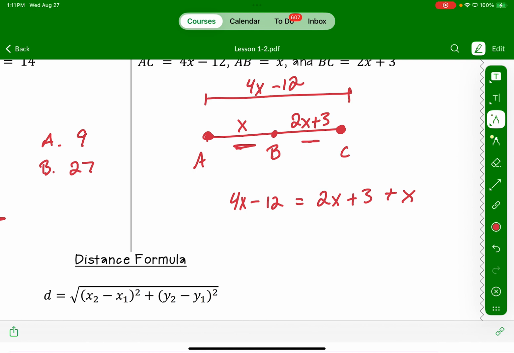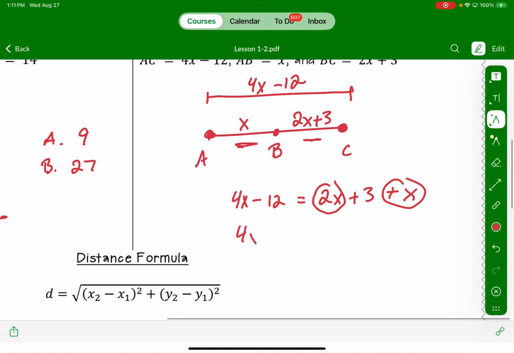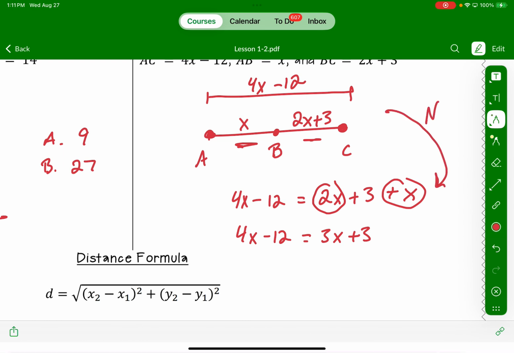So that's the one change this mistake needed. Now we combine like terms: 4x minus 12 equals 3x plus 3. And now we can solve an equation, right? Going from here to here, that's the new. Going from here to x equals 15, that's the old.